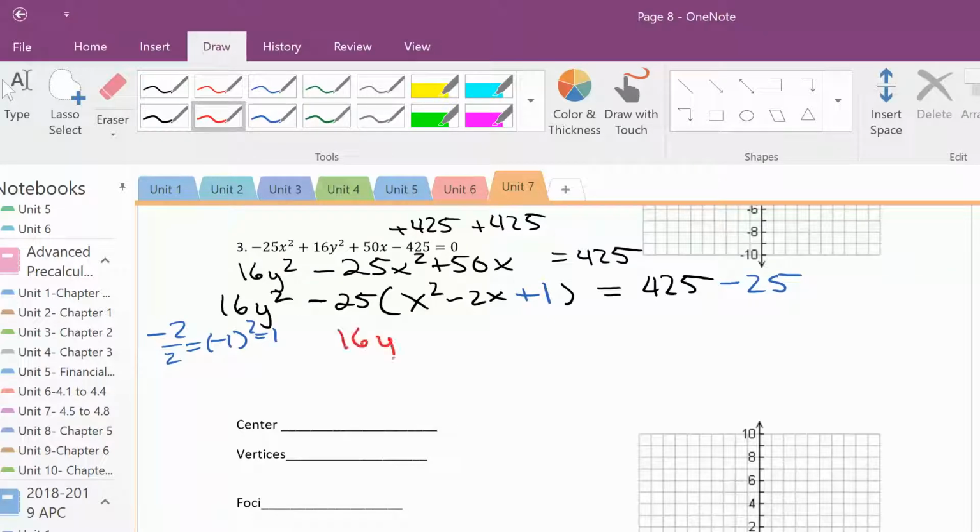So we get 16y squared minus 25 times x minus 1 squared, because that's what you squared to get 1, equals 400.